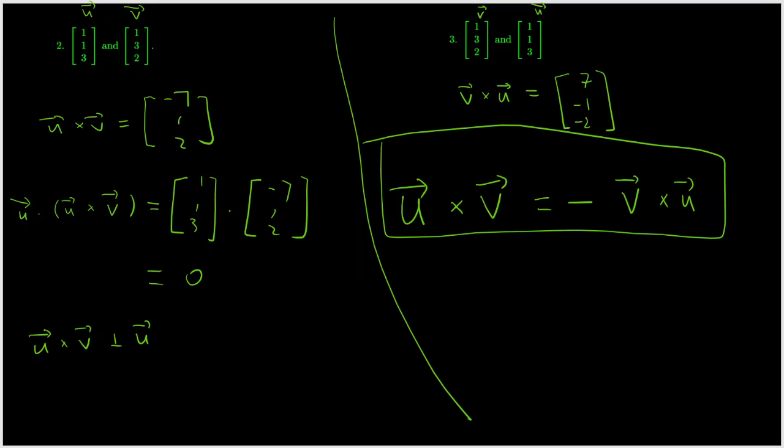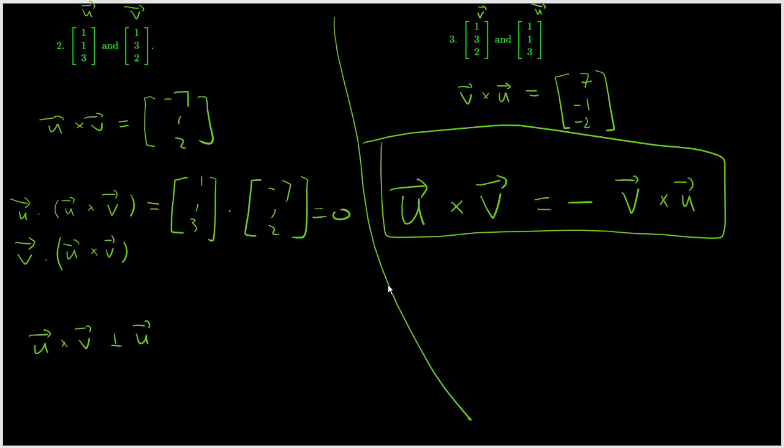And likewise, very similarly, if I want you to compute the dot product of v and the cross product of u and v, don't be confused. Cross product is a vector, v is a vector.